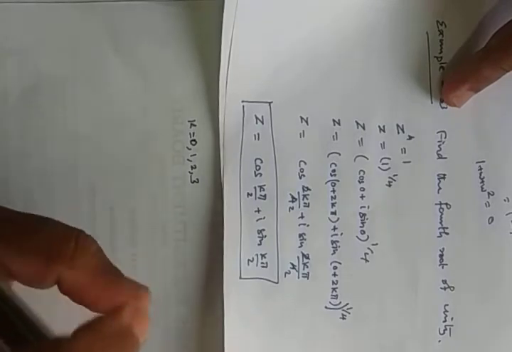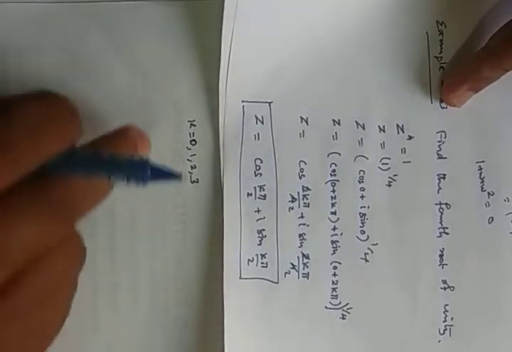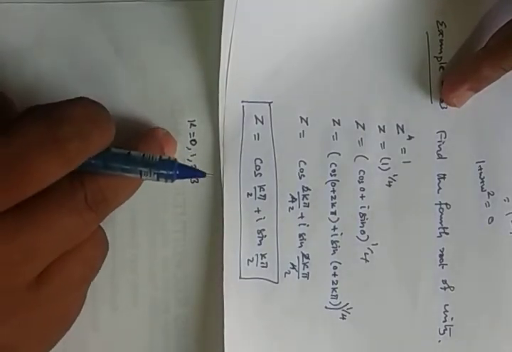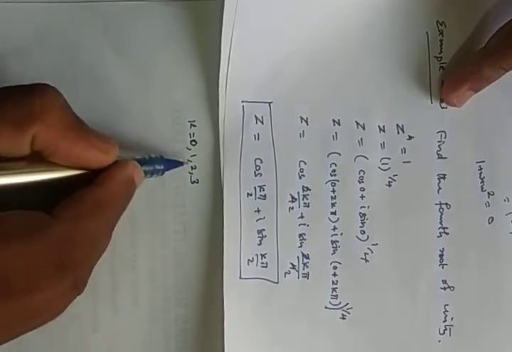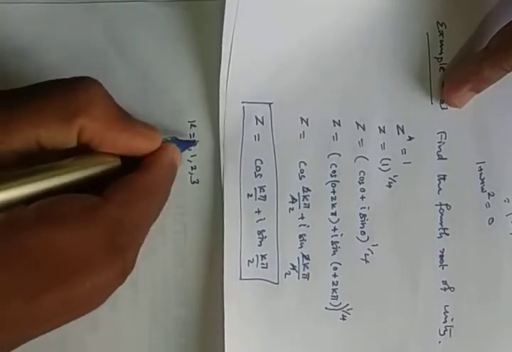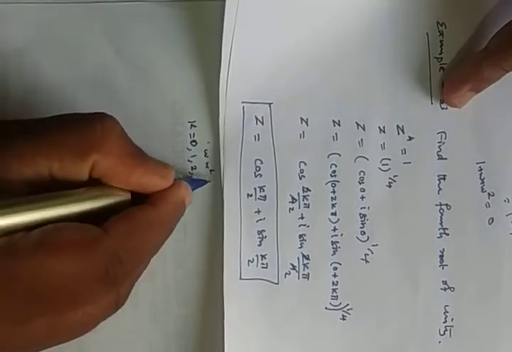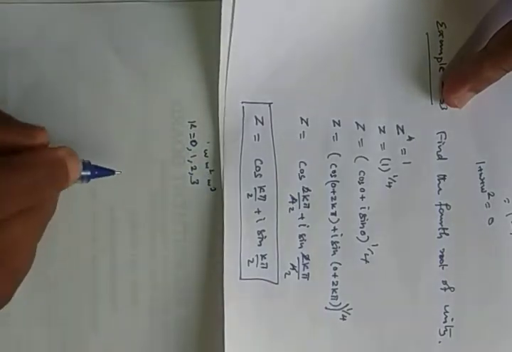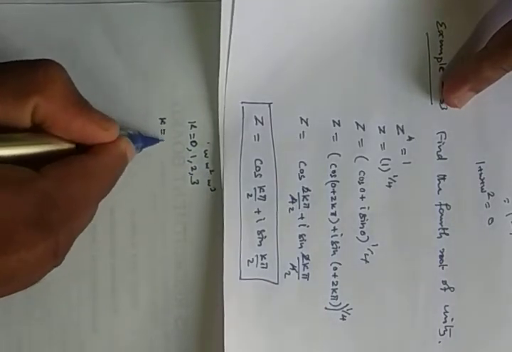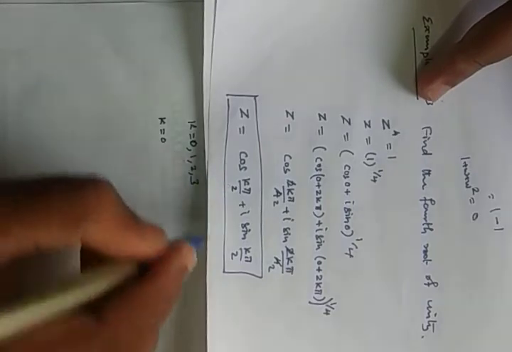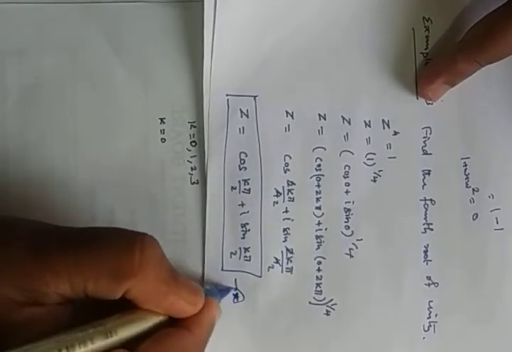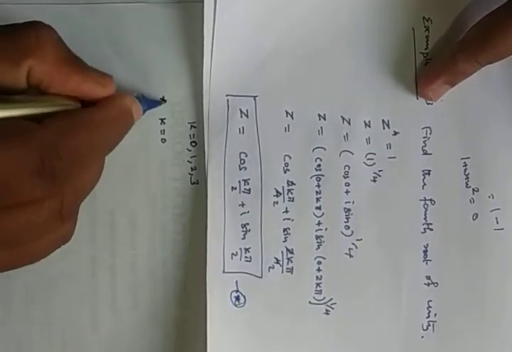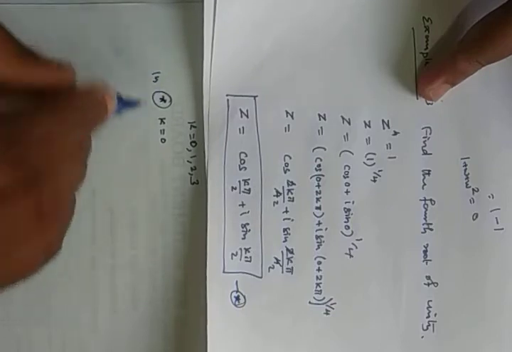For the cube root we put 0, 1, 2; for the fourth root we write 4 roots, like 1, ω, ω², ω³, and we need to find them. So put k = 0 in this equation, which I can call star.